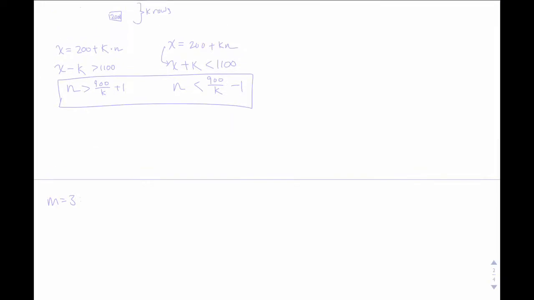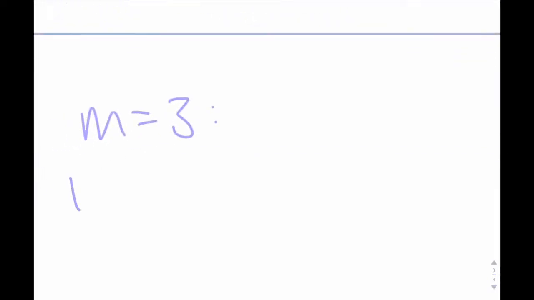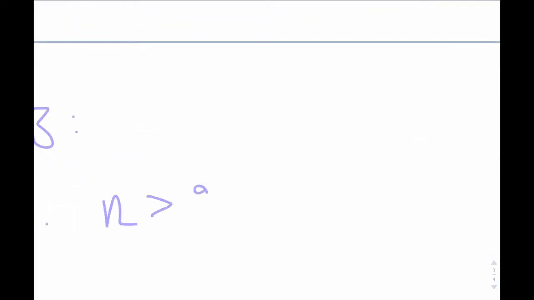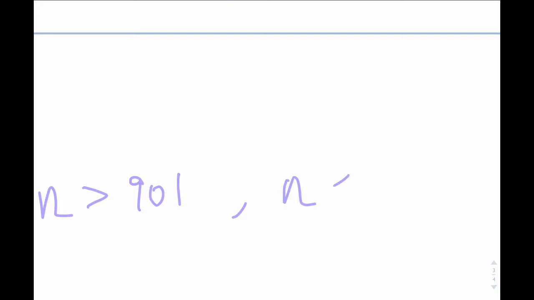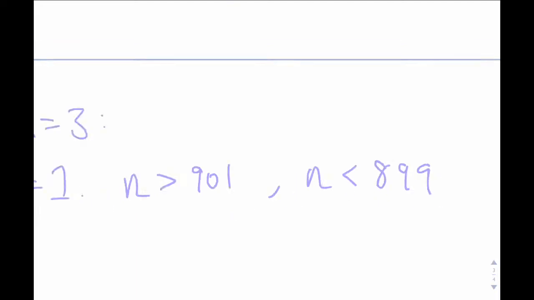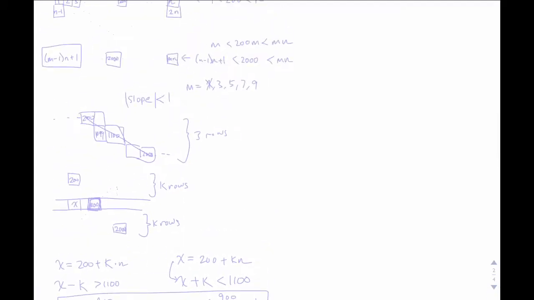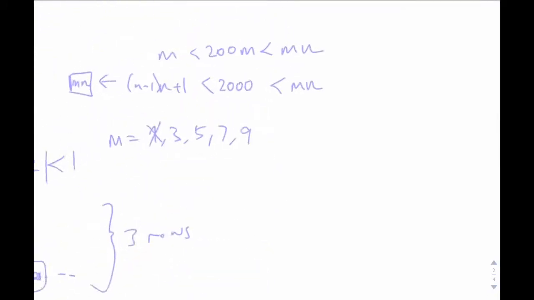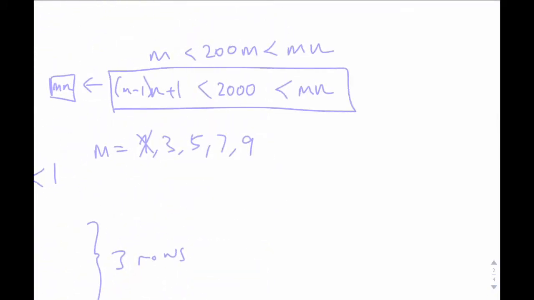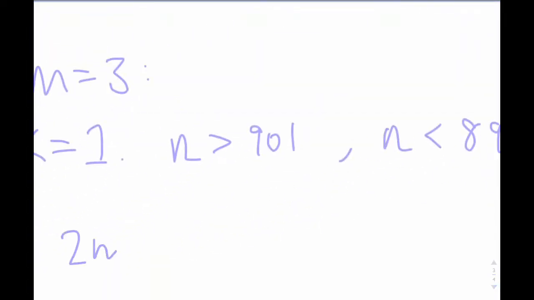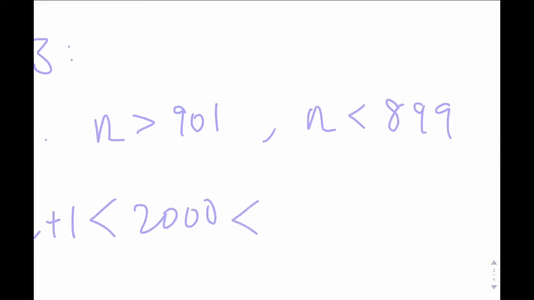So when m equals 3, we have that k is equal to 1. Therefore, we have that n is greater than 901 and n is less than 899. Moreover, from our original bounds, we have that 2n plus 1 is less than 2000, is less than 3n.